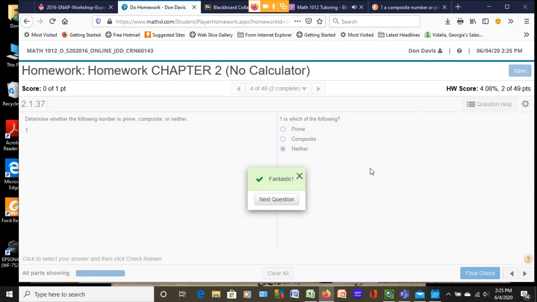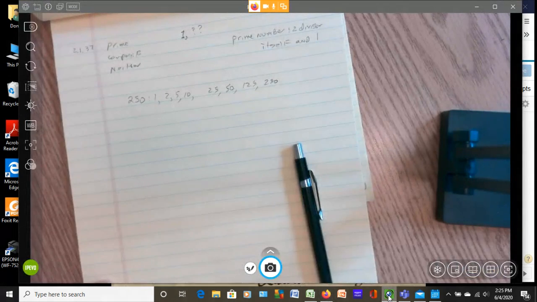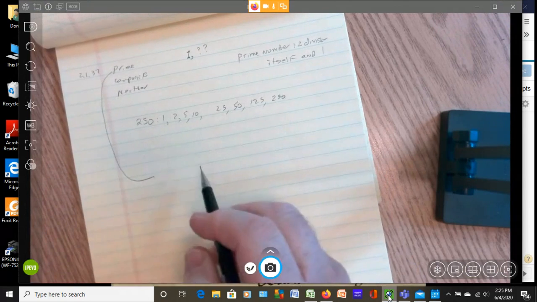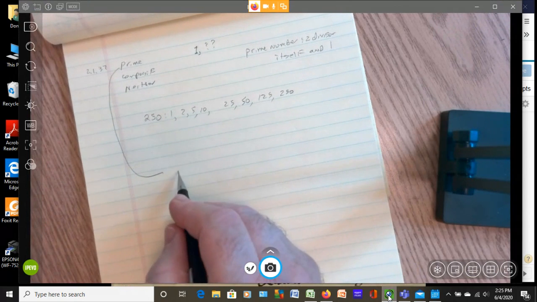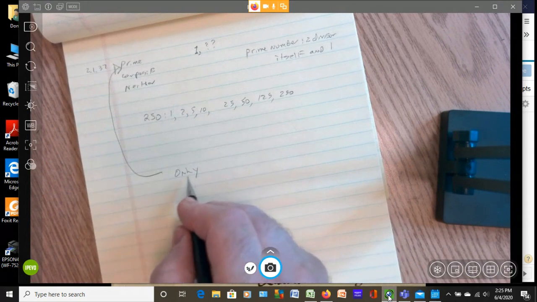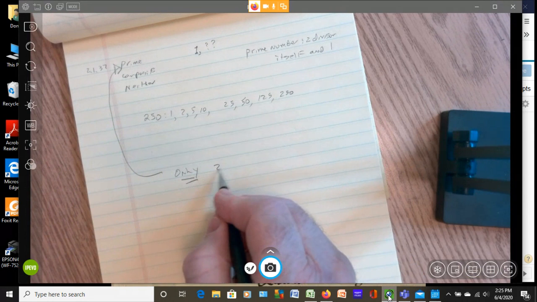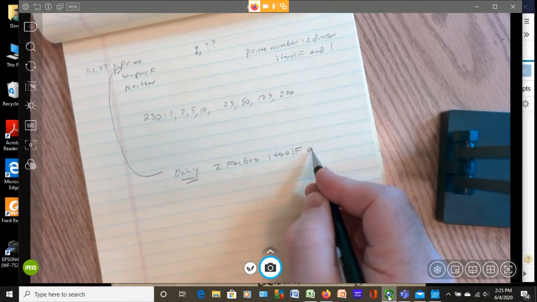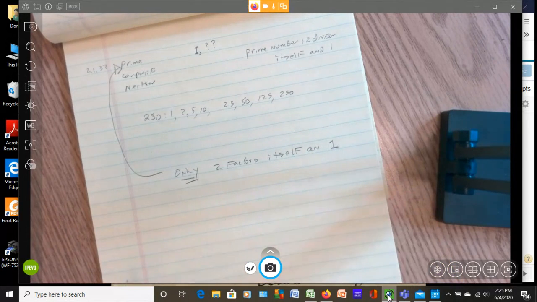Now, before we go to the next question, why don't we see what we can learn from what we've already done on a previous problem? Let's review. A prime number has only 2 factors, itself and 1.